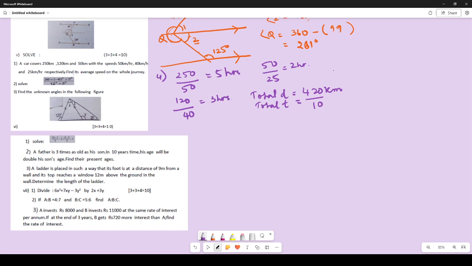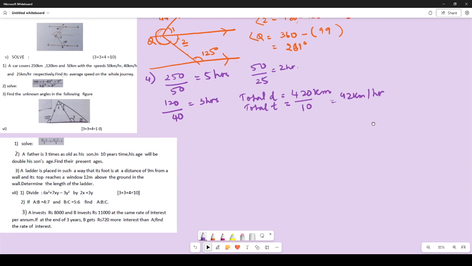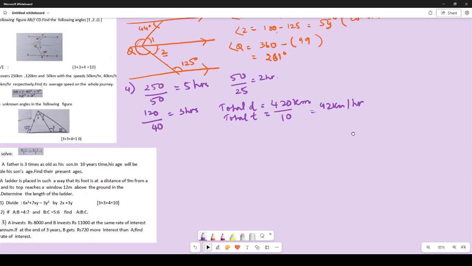So the average speed would be 42 kilometers per hour. That is what you were supposed to write, right? But obviously if you are adding up 250 plus 120 plus 50 divided by 50 plus 40 plus 25, no, it is not going to get you the correct answer, right? Now let us solve this. Many of you got confused with this.